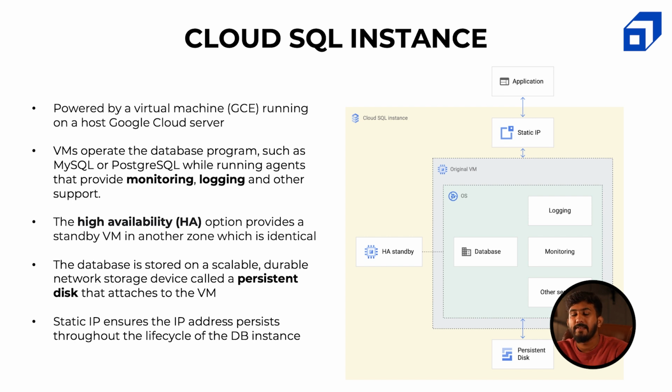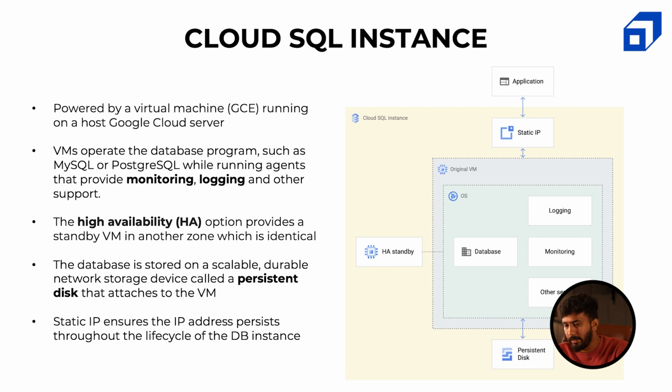If the IP address changes every single time, then you'll have to make that change in the code again and again, right? But if it is a static IP address, throughout the life cycle of this particular database instance, the IP address will persist. That is, the same IP address will be available till you delete this SQL instance. And without a static IP, it doesn't make sense to have a Cloud SQL instance. Maybe for practice, but it automatically comes with a static IP address.